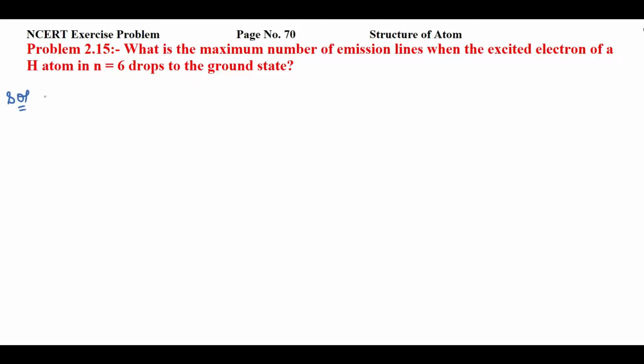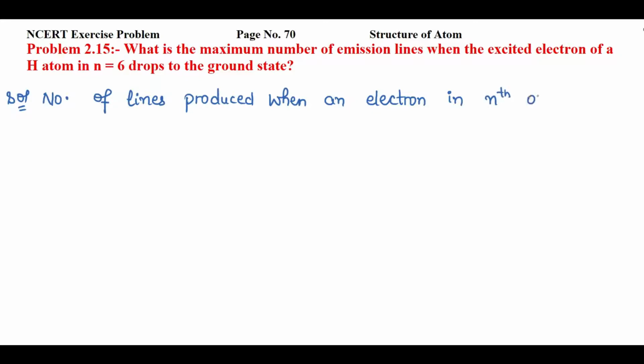You can write: number of lines produced when an electron in nth orbit drops to the ground state.